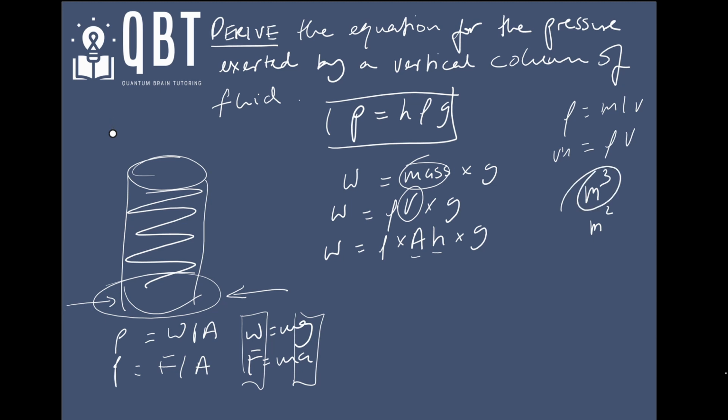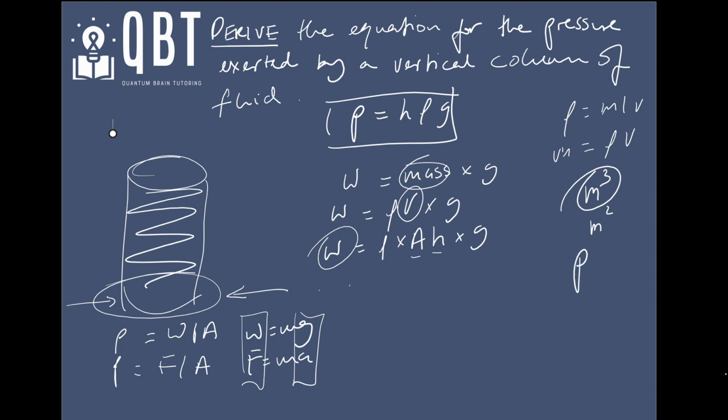So I'm doing base times length times height, okay? And then, because we've assumed that weight and force are synonymous with one another, what we can do is equate our weight to force, okay?